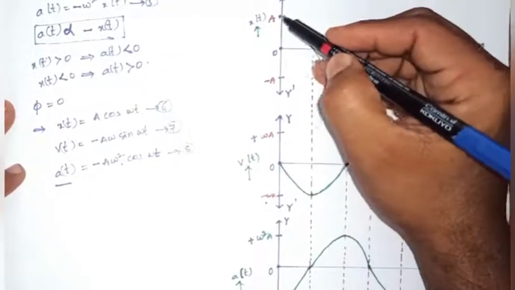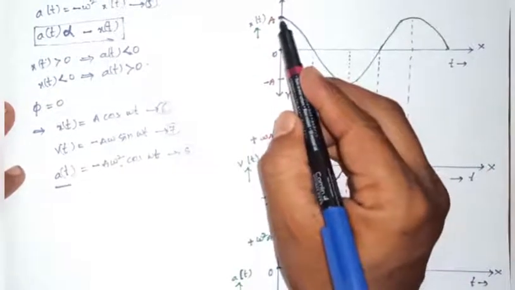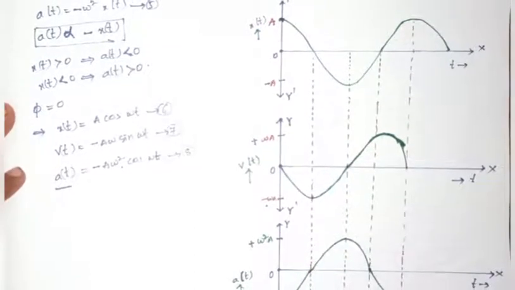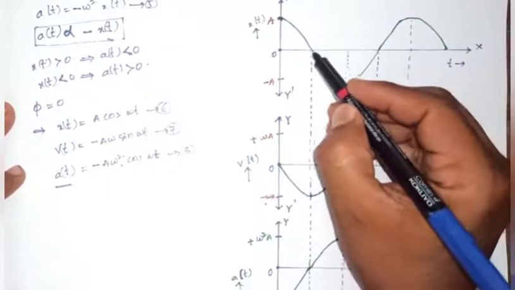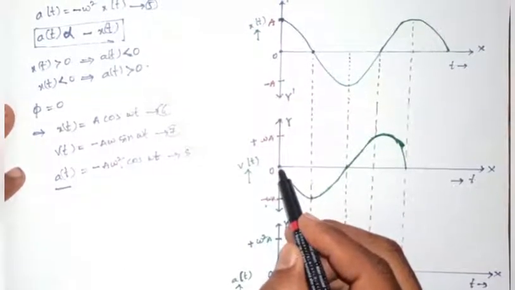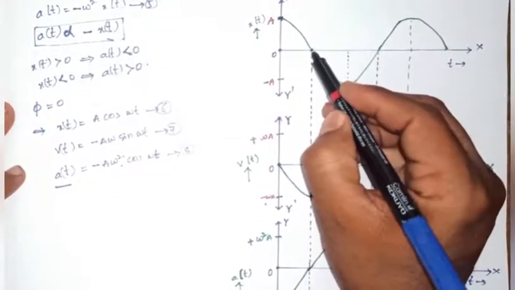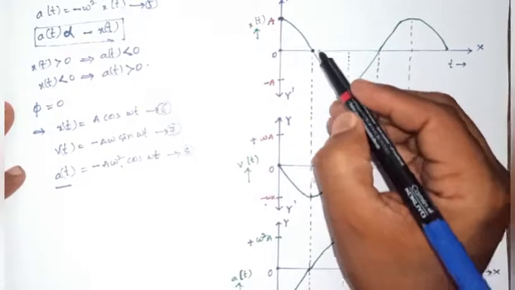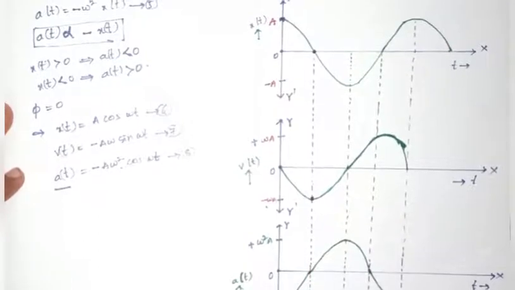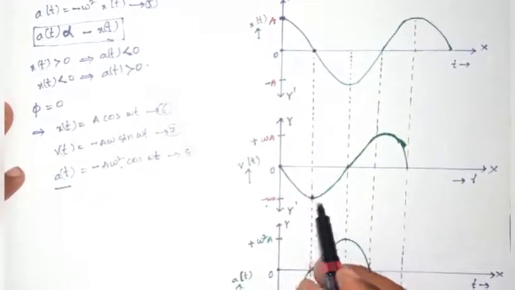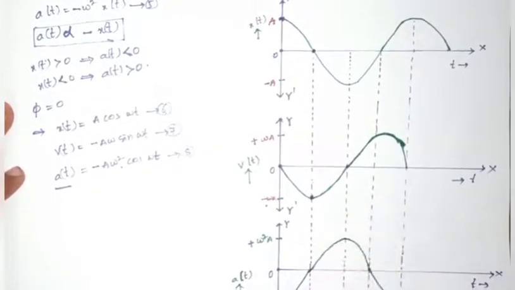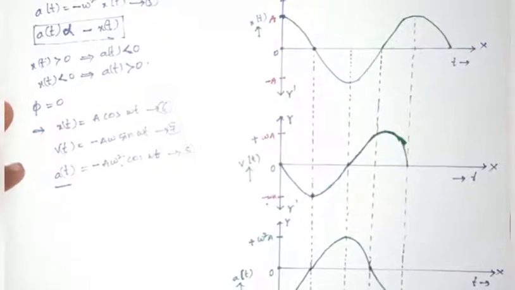When the displacement is 0, the velocity has its maximum value. So the phase angle between velocity and displacement is pi by 2.